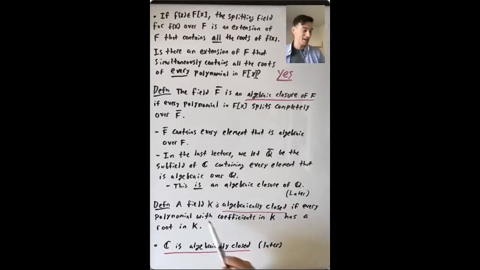We'll see that this is a standard definition of algebraically closed to give, but in fact, it is equivalent to the one where you would be asking for something that looks a little bit stronger, where every polynomial in K[x] splits completely in K[x]. So I'll explain that, and then I'll state a big result that we're going to prove in the next lecture.